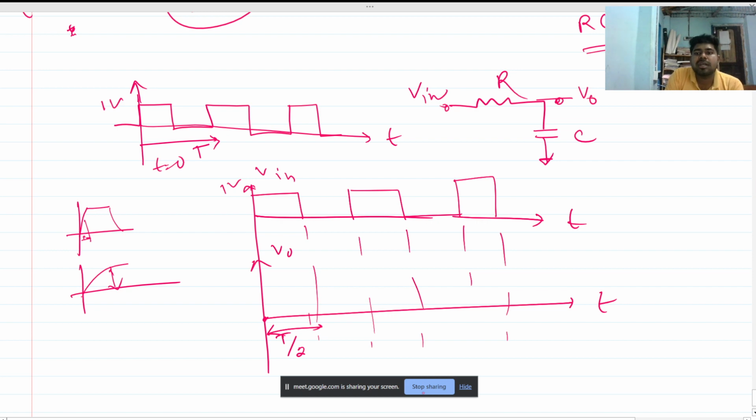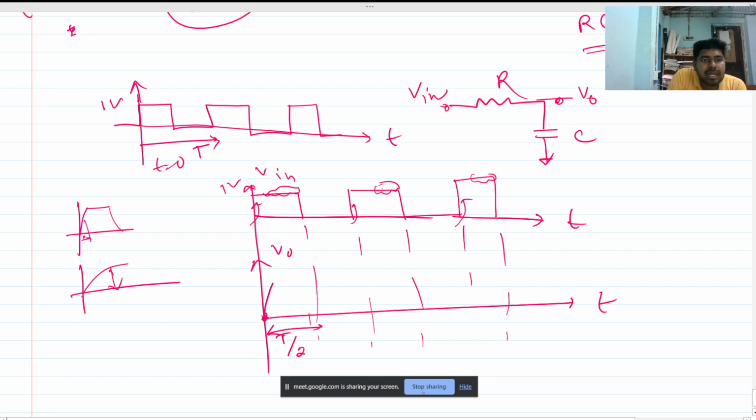We know that at t equals 0, the capacitor acts as a short circuit, so V out is nothing but 0. This is almost steady state at every time period, and this is initial. The charging will happen in a very small amount of time, and there is no infinite current, as we already said in the previous case.